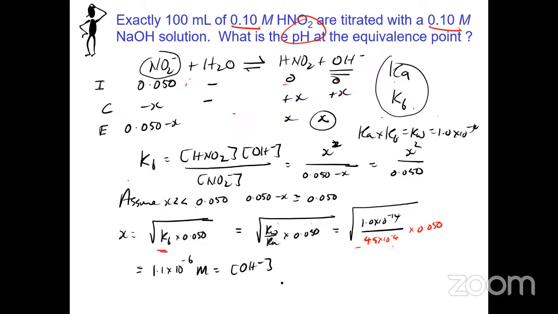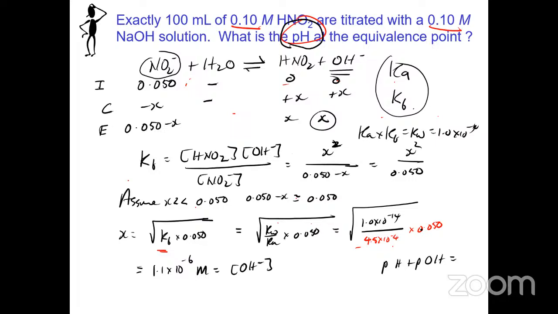Now that we have found the concentration of OH minus, remember the aim of this exercise is to determine the pH. So how would you determine the pH based on that? Let me give you a little hint. Remember this?